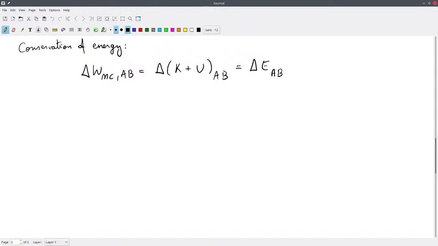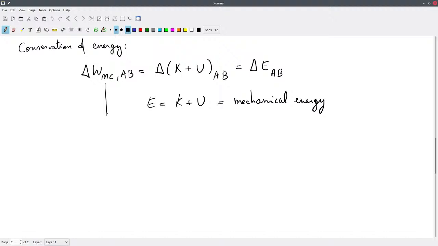So this is then the difference in the mechanical energy from A to B. And E is kinetic energy plus potential energy. That is the total mechanical energy.